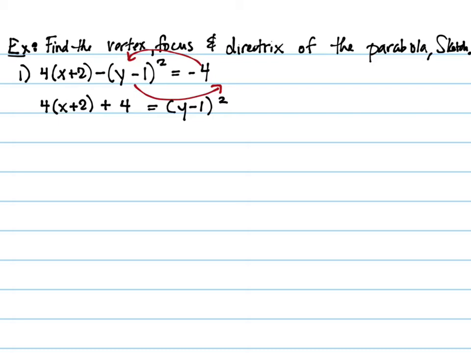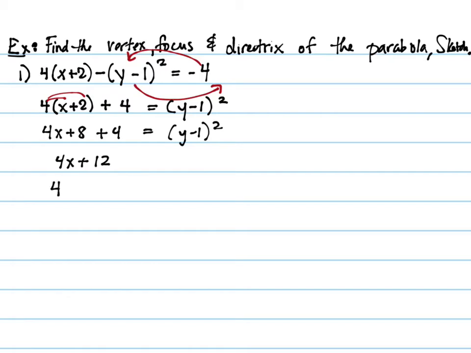I want there to be some factor in front, and then I want it to say x minus a number. So I want to simplify this by cleaning it up and then refactoring. So if I multiply this out, I have 4x plus 8, and then I have plus 4, which is 4x plus 12. And my goal is to have the x have a coefficient of 1 inside my parentheses.